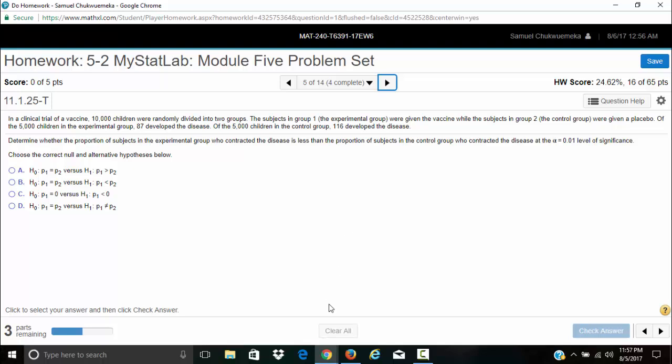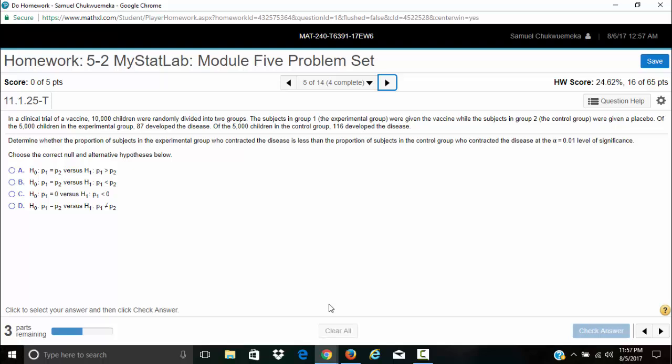In a clinical trial of a vaccine, 10,000 children were randomly divided into 2 groups. The subjects in group 1, which is the experimental group, were given the vaccine, while the subjects in group 2, the control group, were given a placebo. Of the 5,000 children in the experimental group, 87 developed the disease.